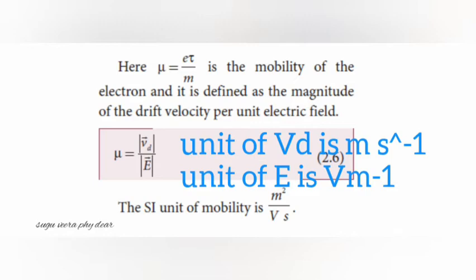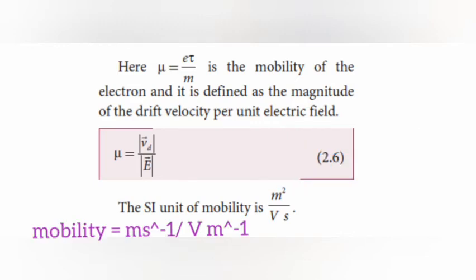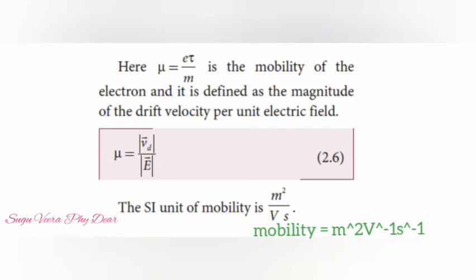We know the unit of velocity and electric field, because the mobility formula is μ = Vd divided by E. The unit of Vd is m s⁻¹. The unit of E is V m⁻¹. Substituting both units in mobility, μ = m s⁻¹ divided by V m⁻¹. Rearranging this equation, we get m² V⁻¹ s⁻¹.